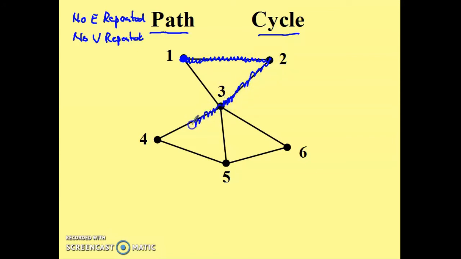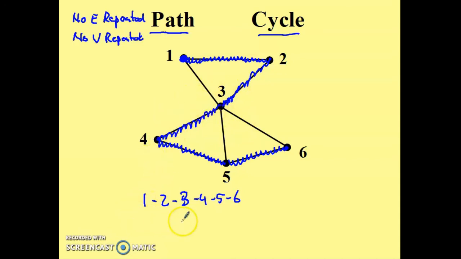I could come on down here to 4. That's path of length 3. Down to 5, that's a path of length 4 edges to make that path. Come over to 6. 1, 2, 3, 4, 5 edges to make that path. I have to stop there. I can't go back to 3 because that would repeat that edge. So that's a path: 1, 2, 3, 4, 5, 6 in that order. And there's a lot of other ways that I could do a path.